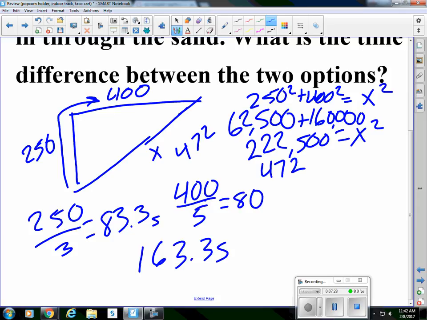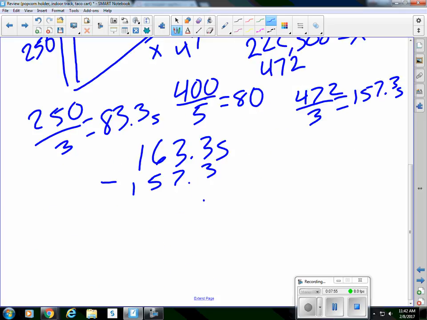The other route would be 472 feet at 3 feet per second, for 157.3 seconds. So the difference would be 13 take away 7 would be 6. So the difference is 6 seconds.